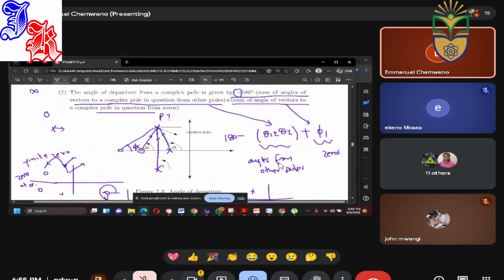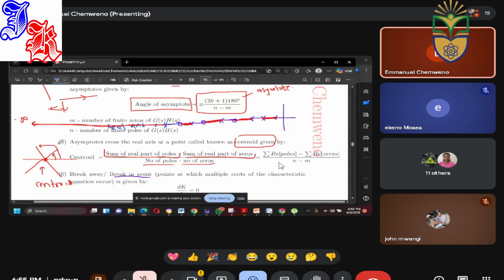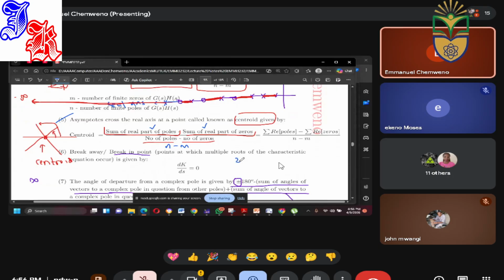Let's go to rule number 5. The asymptotes must cross the real axis at the centroid: the sum of real parts of poles minus the sum of real parts of zeros, over n minus m. Our zeros are nil. Poles are 0, -1, -2.